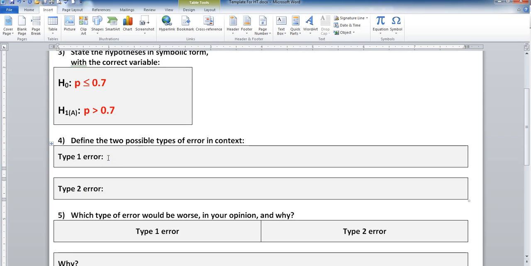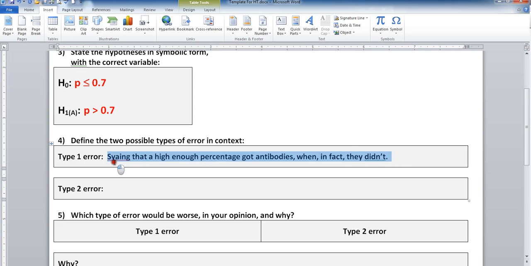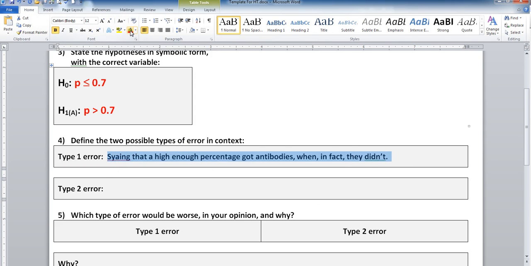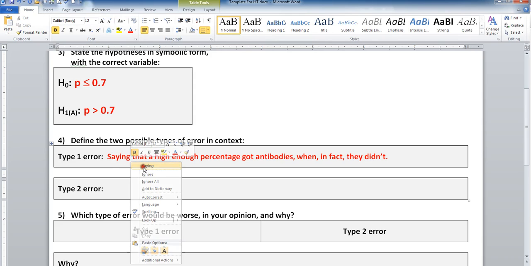What are the two types of error? Okay, so a false positive would be like, ooh, our vaccine works, when it doesn't. So this would be saying that at least 70% got antibodies when in fact they didn't.